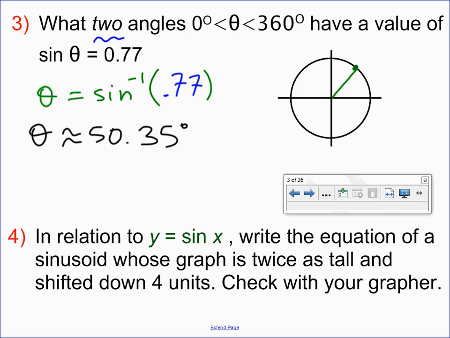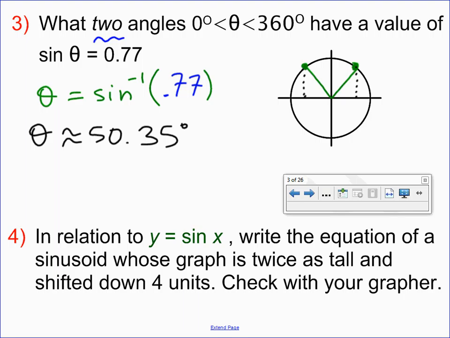Ian tells us not only quadrant 1 has a value of sine that's positive, but also quadrant 2. So it looks like we've got two places where sine is going to be 0.77. These should be the same vertical displacement, that is vertical leg length in that right triangle, whose x-axis is the base. That should be the same y-coordinate, the same value of sine in quadrant 1 and 2.